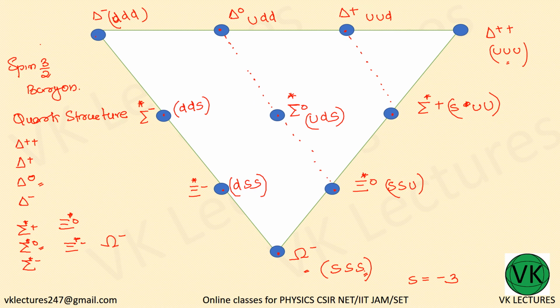So this is how you can get the strangeness and charge of all the baryons and mesons from the quark structure.